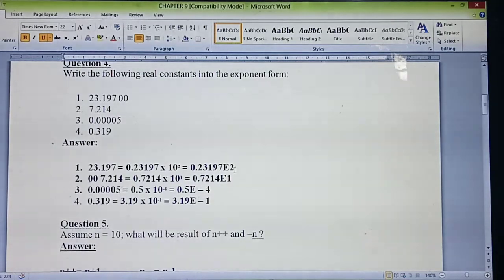Write carefully. Point and all, write carefully, and also the 10 to the power.